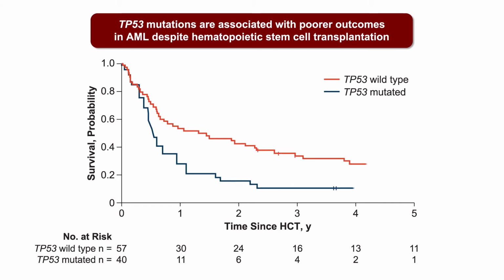We've known for a long time that P53 mutations, as we indicated earlier, are associated with poor outcomes in AML. Those poor outcomes actually carry forward despite allogeneic hematopoietic stem cell transplantation. This is a study that shows that P53 mutated AML patients do quite worse than patients with wild-type P53 despite allogeneic transplantation.